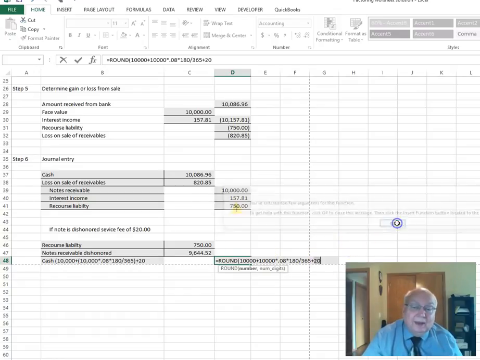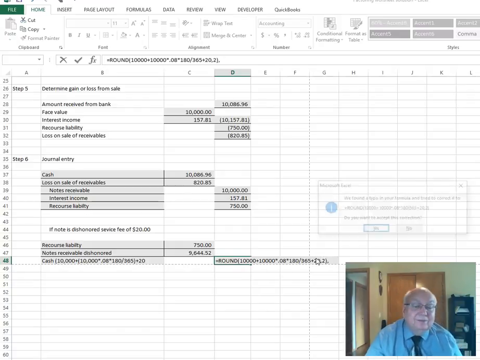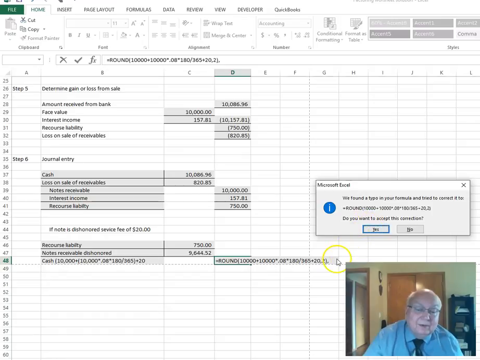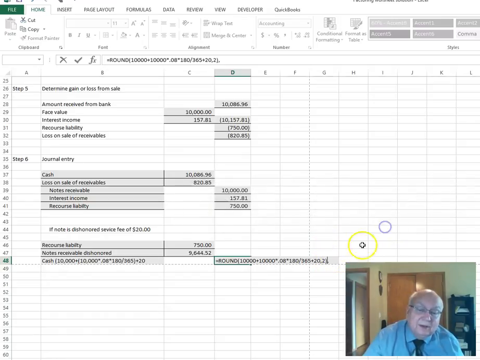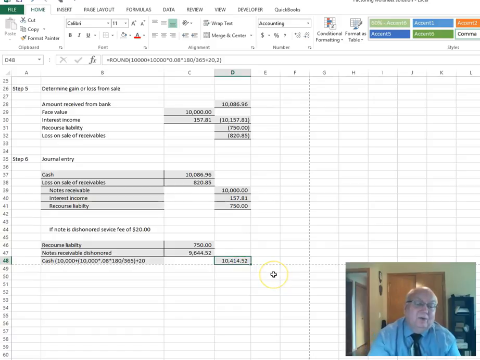I forgot a comma, the 2 for the round function, with the comma on the outside. So that gives you $10,414.52. That's the amount of cash you have to pay.